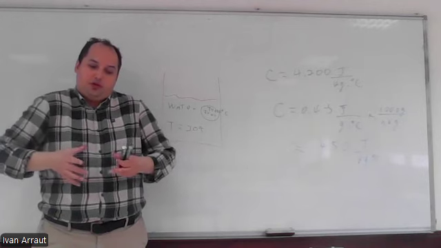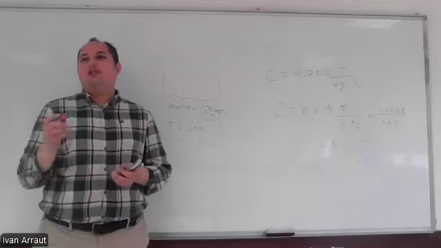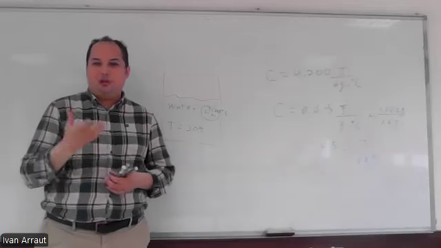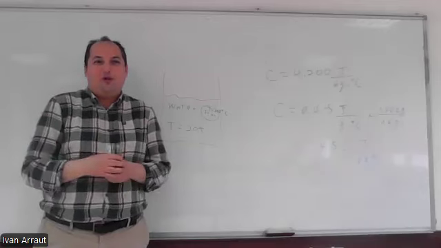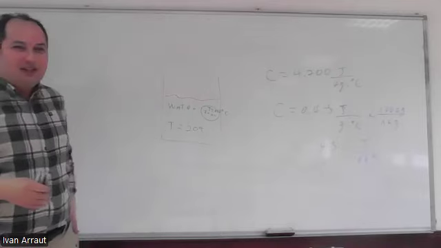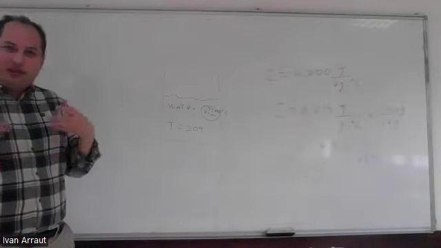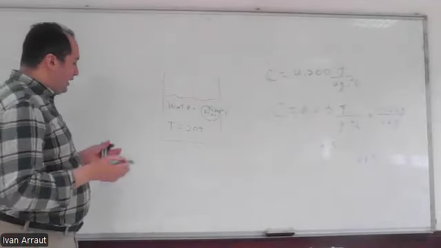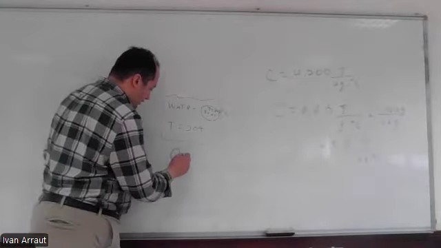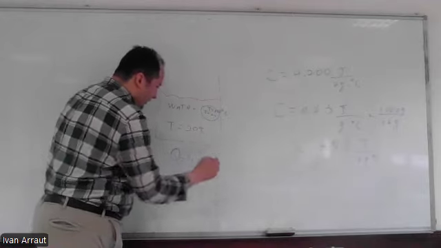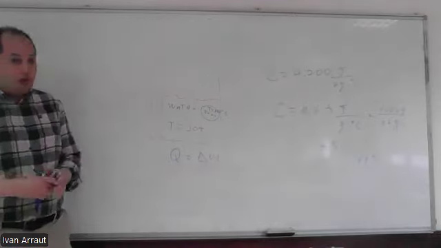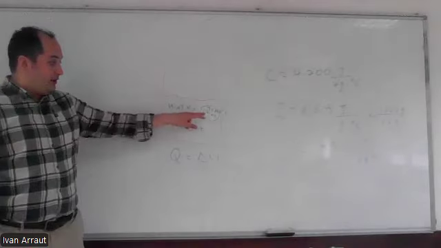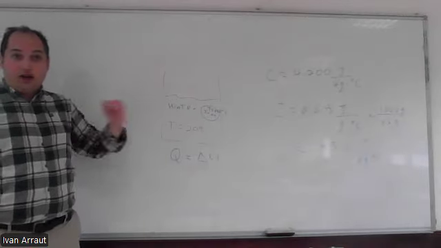When it's cool, it contracts a little. But this is so negligible that nobody really cares about this kind of work. So there's no work. There's only heat transfer. Then the first law of thermodynamics tells us that the total heat is equal to the change of internal energy. In other words, what we will do is measure the changes of internal energy of each one, the iron and the water.